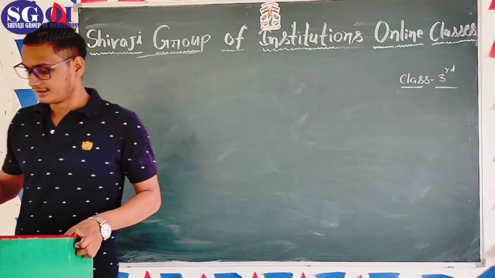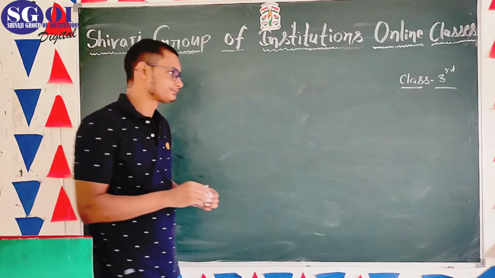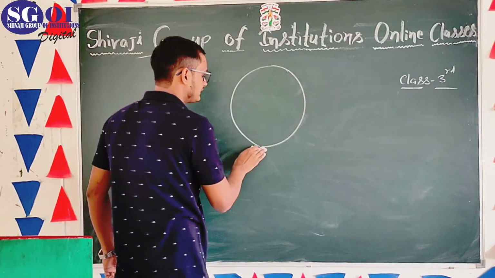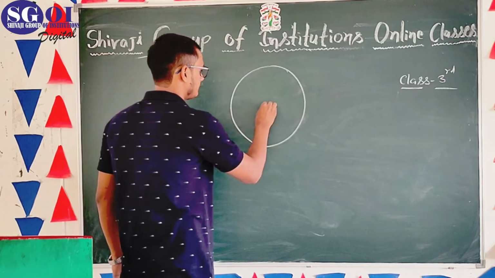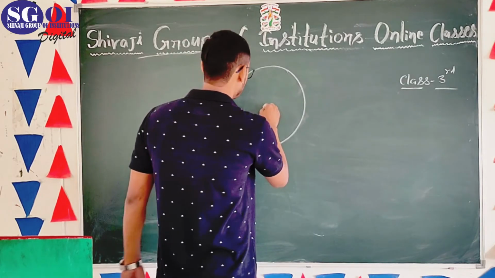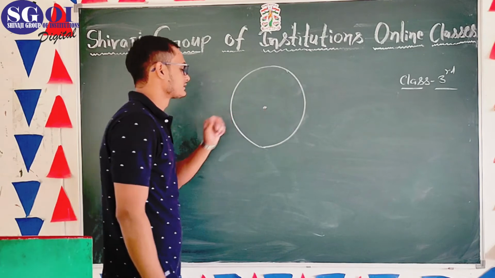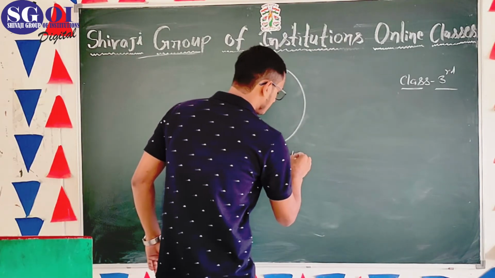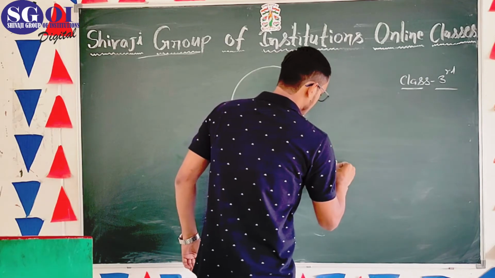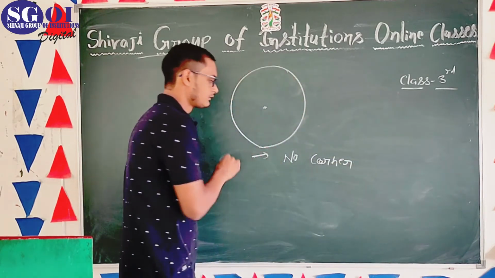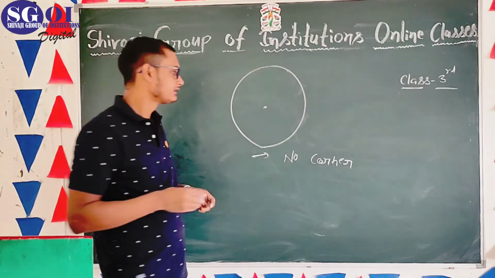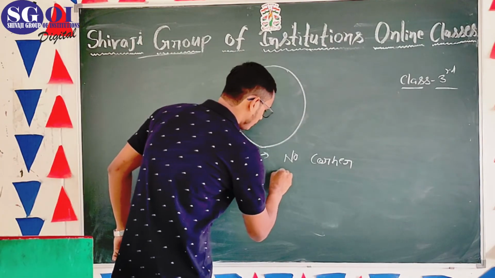Next is circle. This is a circle. This is the center of the circle. Circle has no corner, and it has one curved edge.